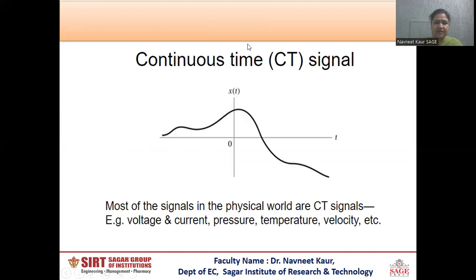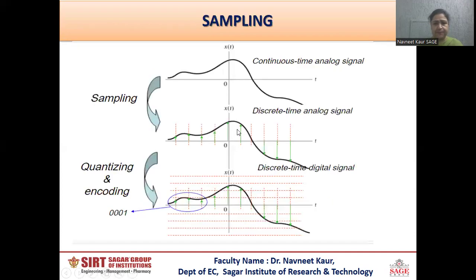Continuous time signals are the signals which are defined at every instant of the time period, which is an independent variable. Like here we can see a signal x(t), which is dependent on the independent variable time t. Here the function which we have drawn is continuous. That means it can be defined at every instant of time. It can be voltage or current, pressure, temperature, or a velocity signal.